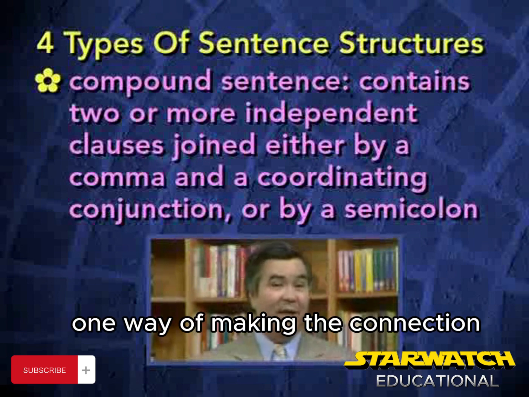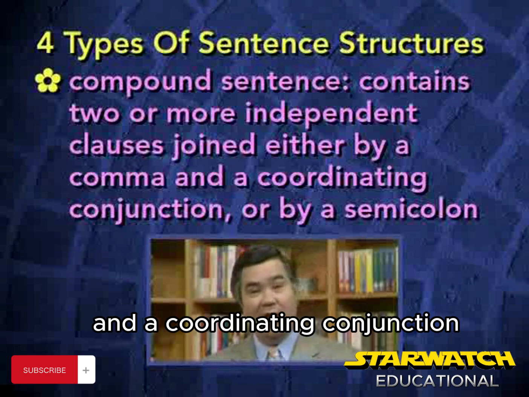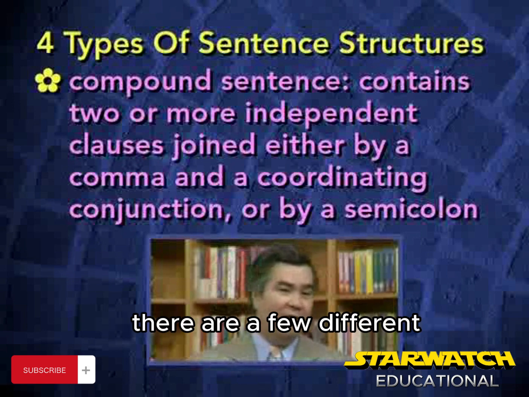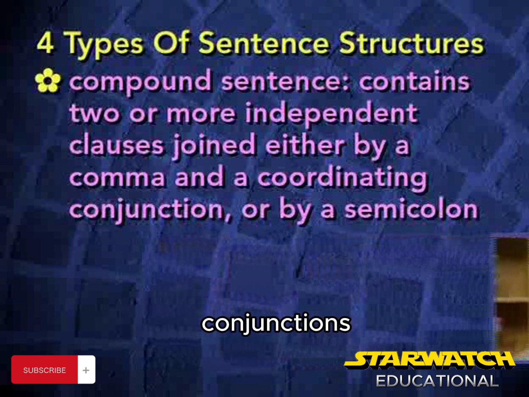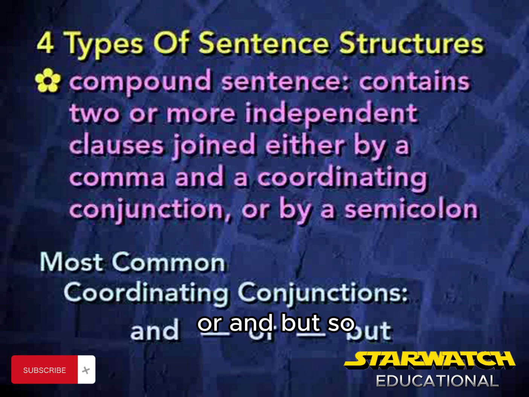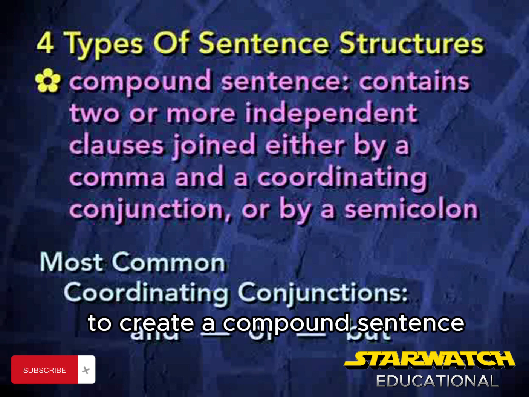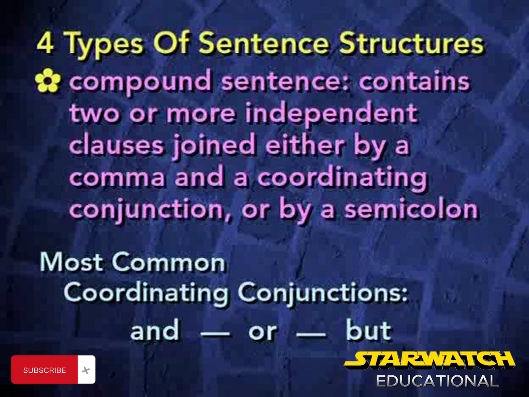One way of making the connection is by using a comma and a coordinating conjunction. There are a few different words that are called coordinating conjunctions. The most important and common ones are and, or, and but. So one way of joining 2 independent clauses to create a compound sentence is by using a comma and the word and, or but.